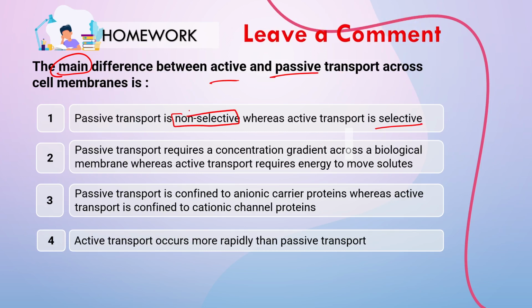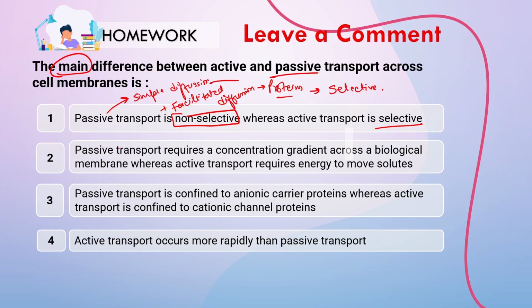This statement is partially correct, because passive transport includes simple diffusion, along with facilitated diffusion as well. Now in facilitated diffusion, as proteins are involved, the process becomes selective. The proteins are highly selective and choosy in nature.